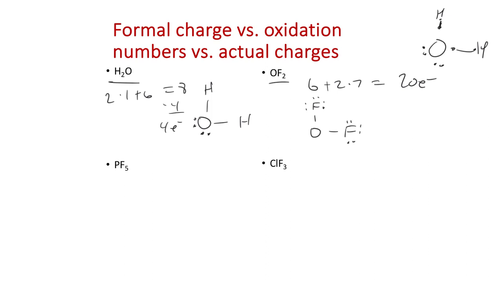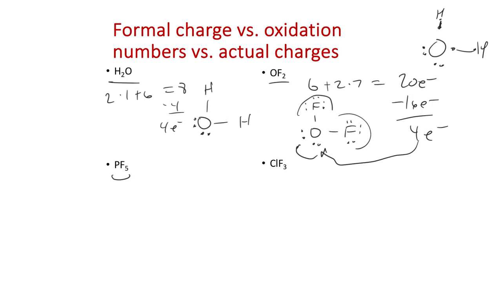Don't yet consider filling the octet with electrons on the central atom until we count. When I count electrons, I have 8 here, I have 8 here, so that's 16 electrons distributed. I have 4 electrons to go, so I put them onto the central atom. So that's the basic idea of unassigned electrons placed onto the central atom.